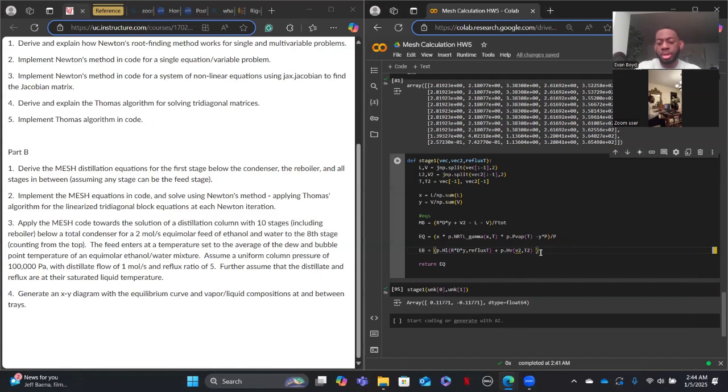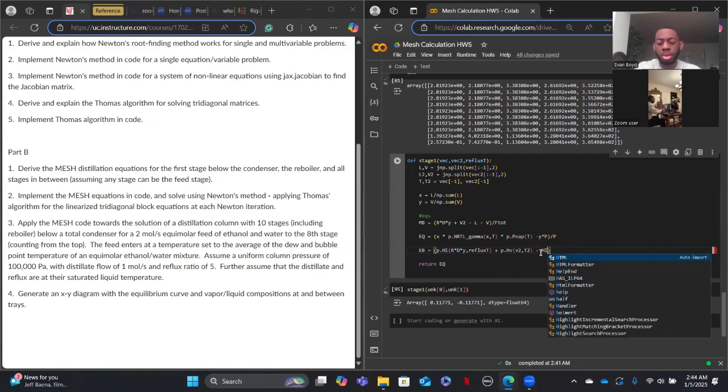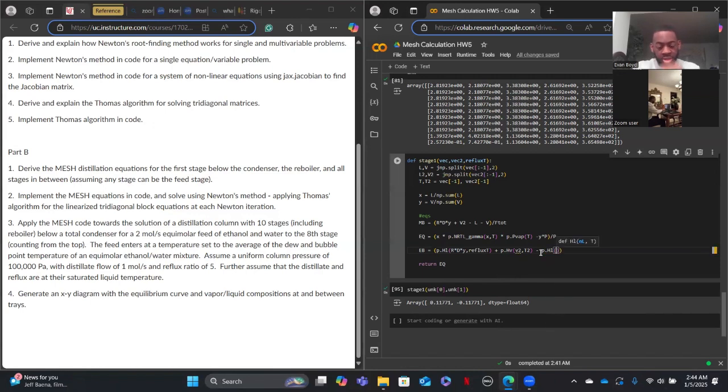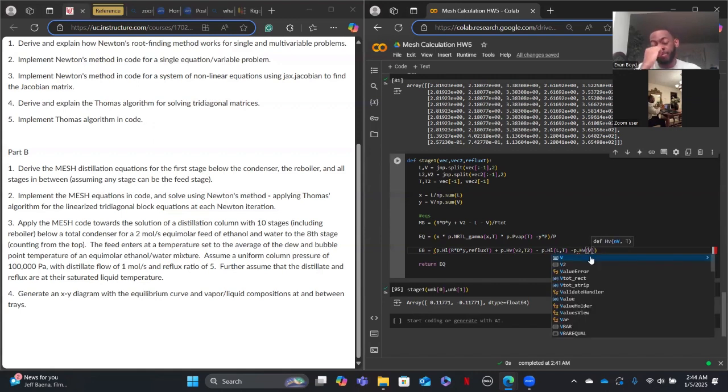And then it's minus the liquid enthalpy of the current stage and the current temperature at this stage, and also minus the vapor enthalpy of the current vapor flow and the current temperature.